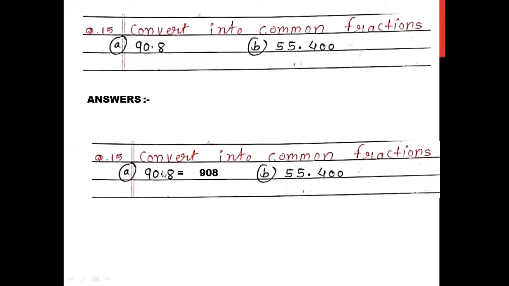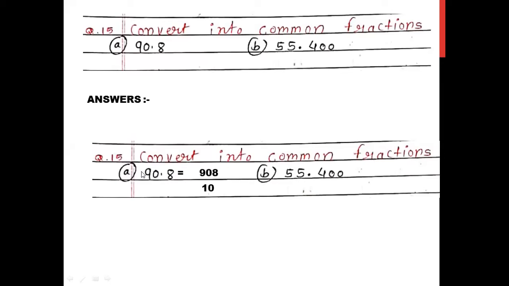When you are converting the decimal fraction into common fraction, no need to write the decimal point on the numerator place. And the one decimal place, that's why 10 will be there. In this way, we convert into common fraction.